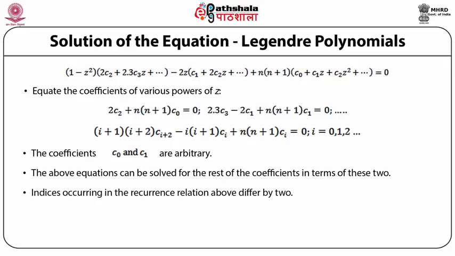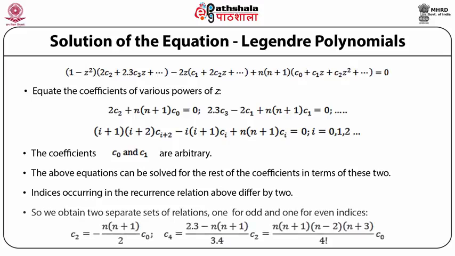Since the indices occurring in the recurrence relation above differ by 2, we obtain two separate sets of relations, one involving even indices only and the other odd indices only. Thus, C2 = −n(n+1)C0/2. C4 = (2·3 − n(n+1))C2/(3·4).